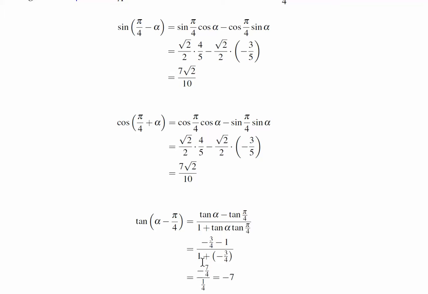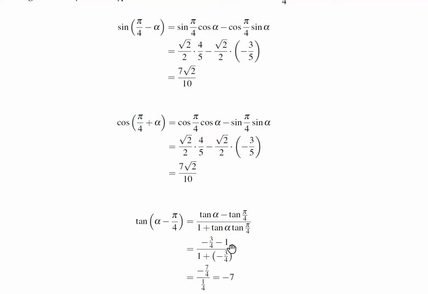Now, downstairs is 1 plus tangent alpha, which is negative 3 over 4, times tangent pi over 4, which is 1. So then we have that, 1 times tangent alpha, negative 3 over 4. Now, denominator is 1 minus 3 over 4. 1 is 4 over 4.